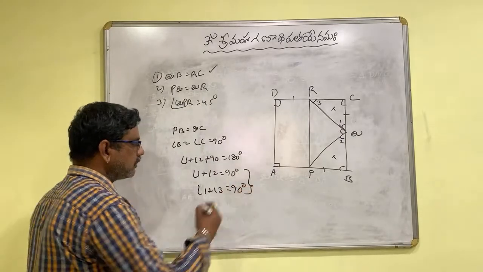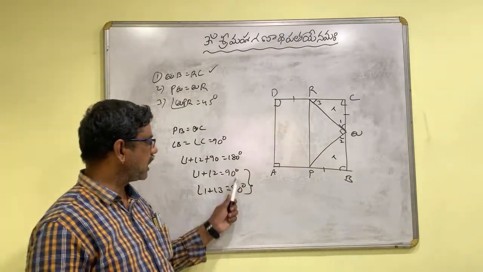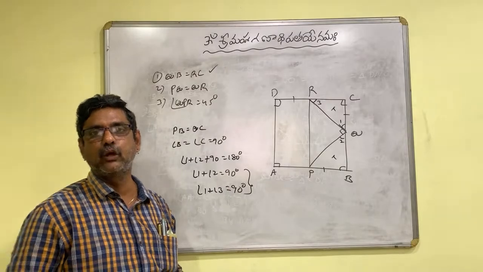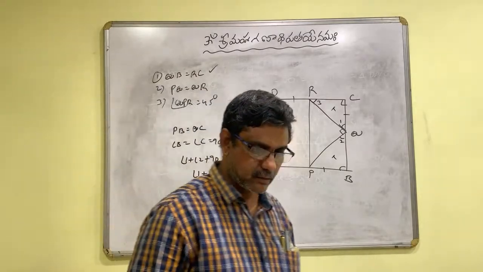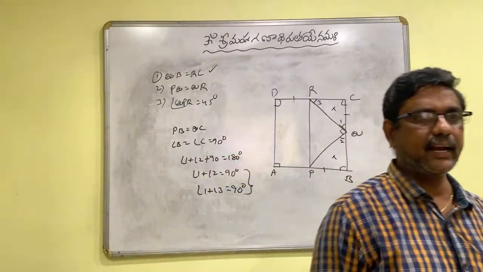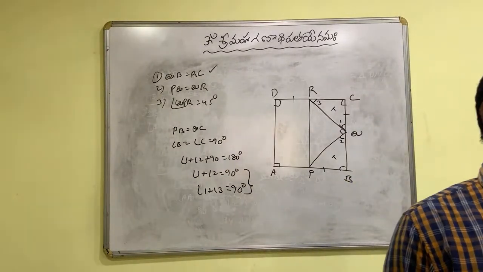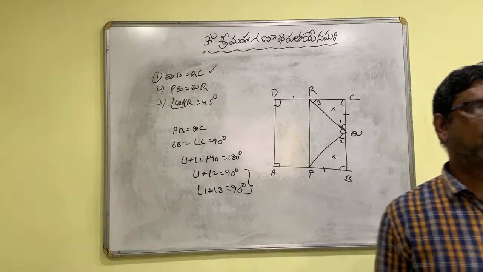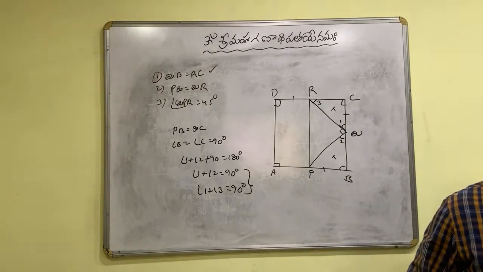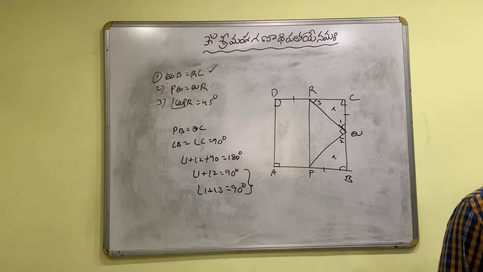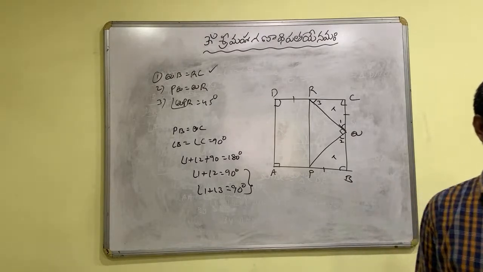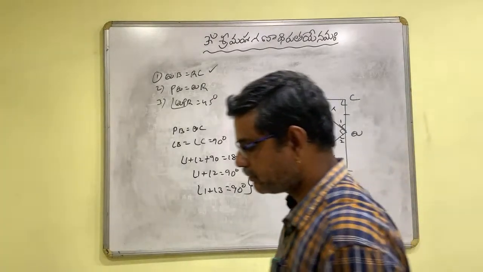Children, observe these two equations. Angle 1 plus angle 2 is 90, angle 1 plus angle 3 is 90. Will a Euclid axiom apply here? What axiom?